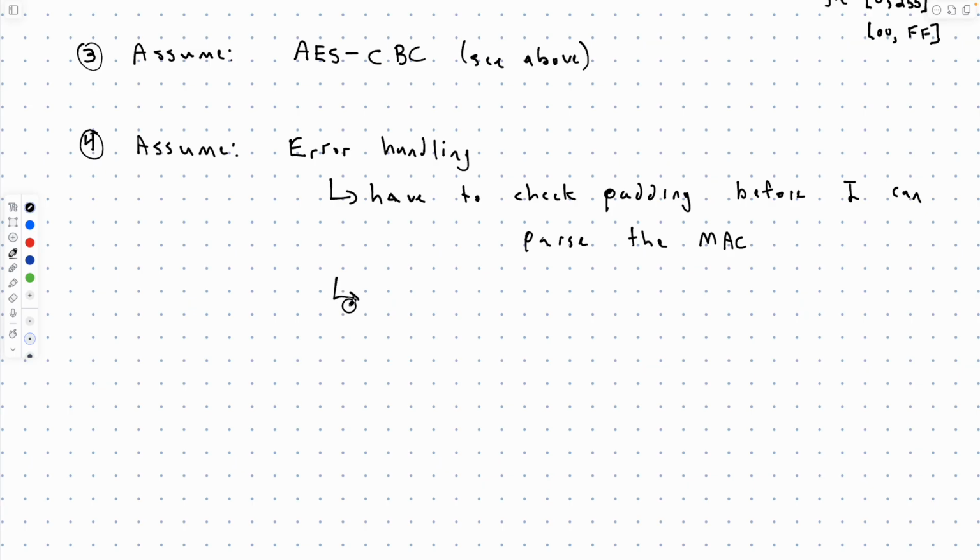Okay, so if I see the padding's bad, I'll just throw an error and say padding error. If the padding's okay, then I'll extract the MAC.